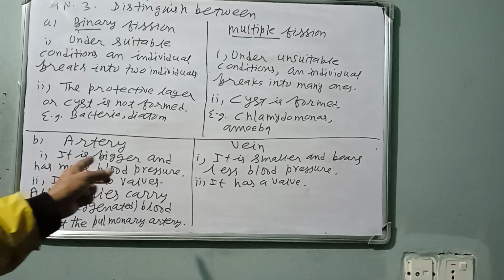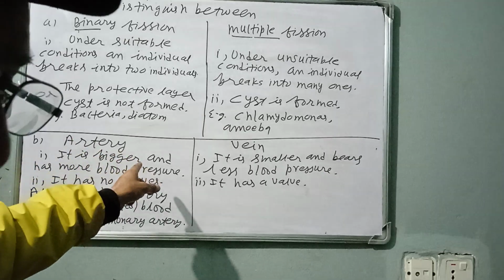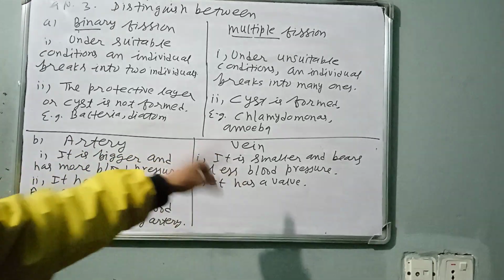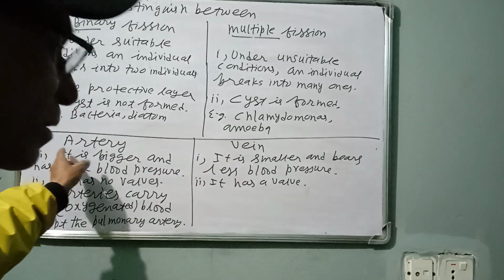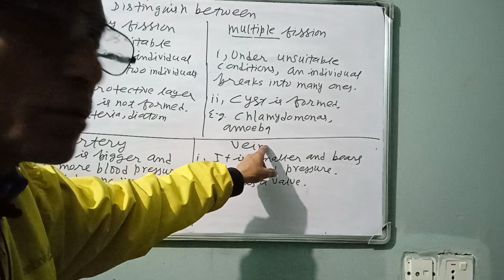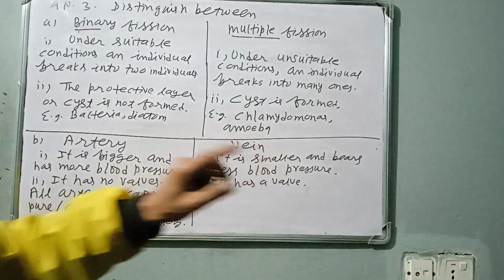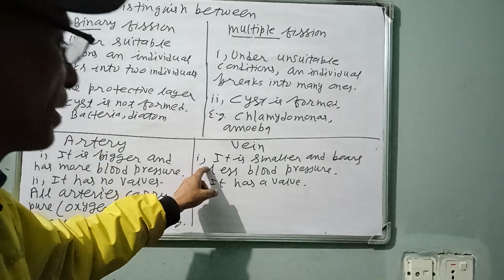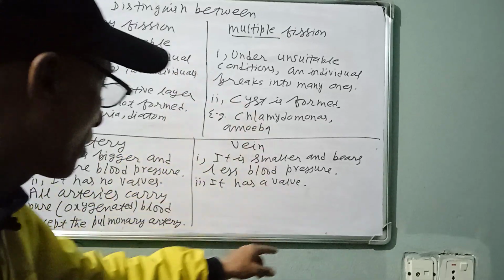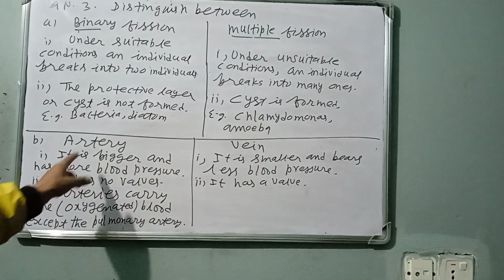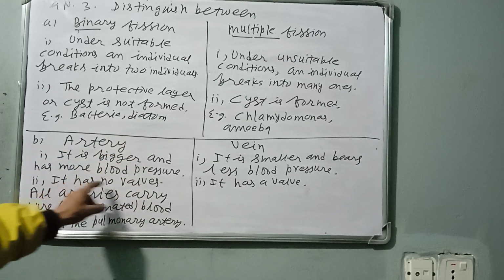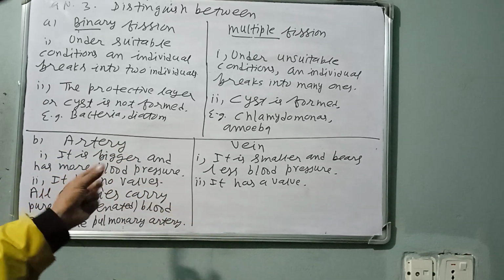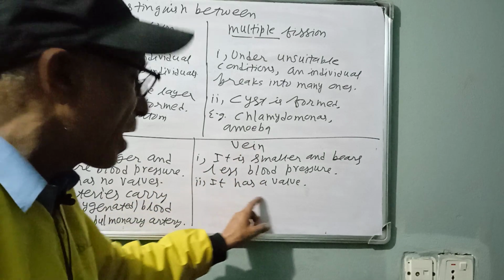Which has more pressure? Artery has more blood pressure. Which is smaller? The vein is smaller and the artery is bigger. Which has less blood pressure? Vein has less blood pressure because it is smaller. Another point: although an artery is bigger, it has no valves, but a vein has valves.